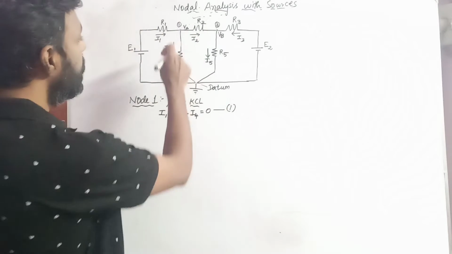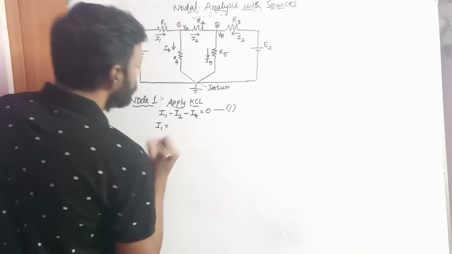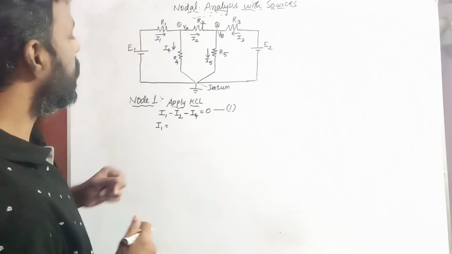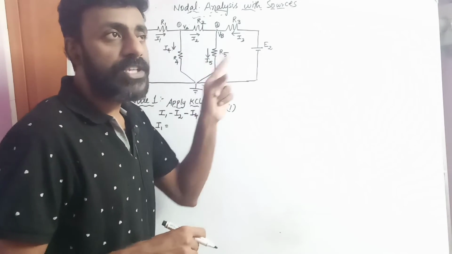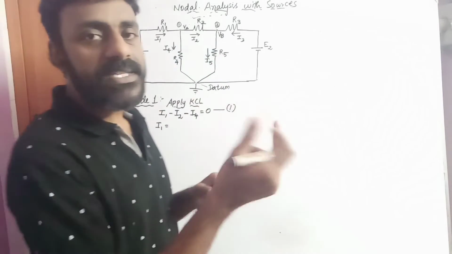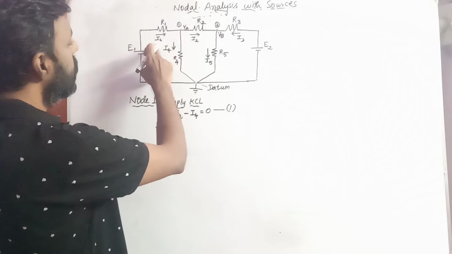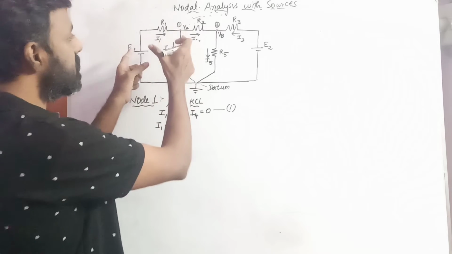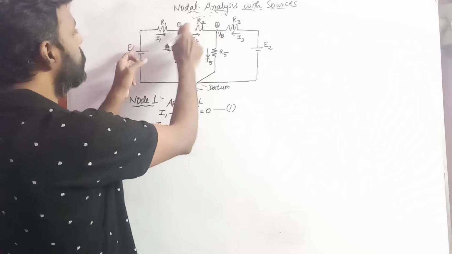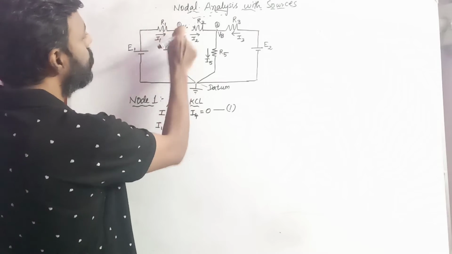So I want to find the value of I1. What is I1? By Ohm's law, I is nothing but the ratio between the voltage and resistance. I equal to V by R. So I1 is a current which is flowing from this point to this point.